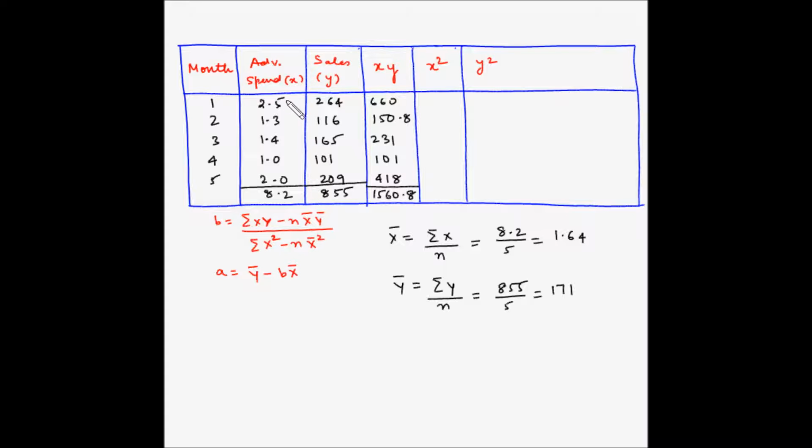So we have to find the corresponding value of x square and then sum it up. 2.5 square, we know that 25 square is 625, so 2.5 square becomes 6.25. 1.3 square, we know 13 square is 169, so this becomes 1.69. 14 square is 196, so this becomes 1.96. 1 square is 1 and 2 square is 4.